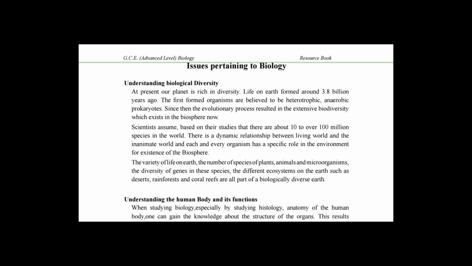So the gene number varies according to the species. There are different ecosystems as well. Examples for ecosystems are deserts, rainforests and coral reefs. These ecosystems collectively form the biosphere. So that's all about understanding biological diversity.